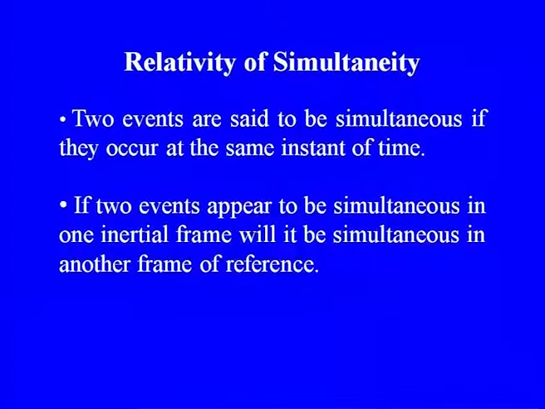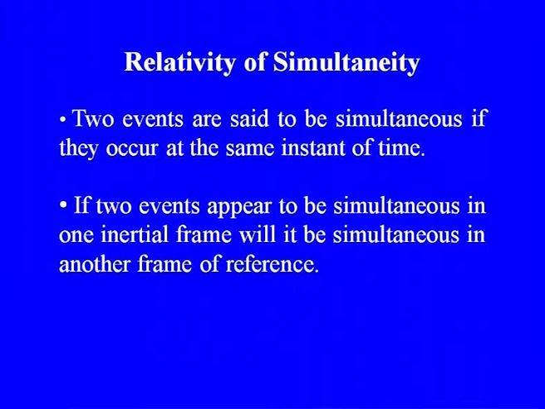But before that we do a more basic thing. It is called the relativity of simultaneity. So, what is it that we are going to say here? Two events are said to be simultaneous if they occur at the same instant of time.